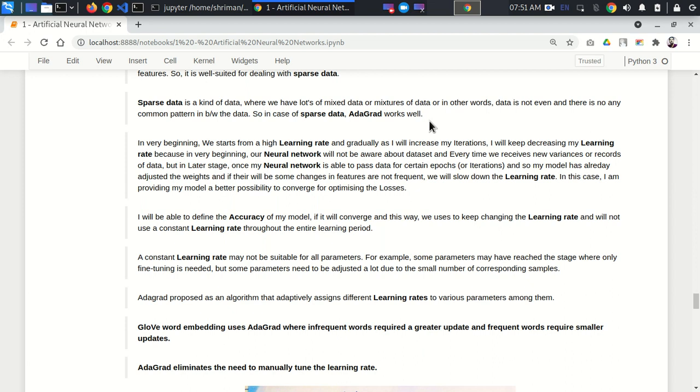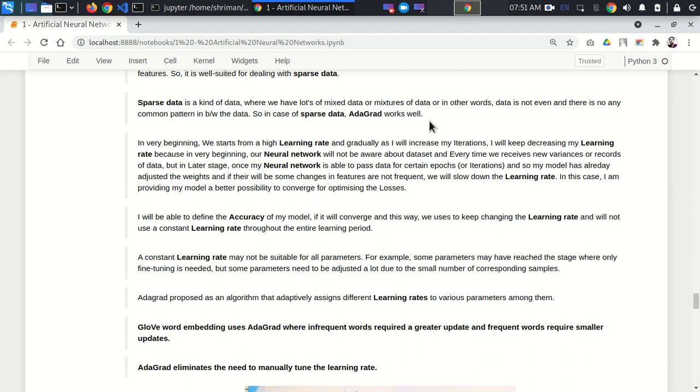There will be huge mixtures of data available. So guys, in that way there is a huge possibility that there will not be any common pattern between the data, and in that case that data will be known as sparse data. And for sparse data you can use the AdaGrad optimizer which will work well.